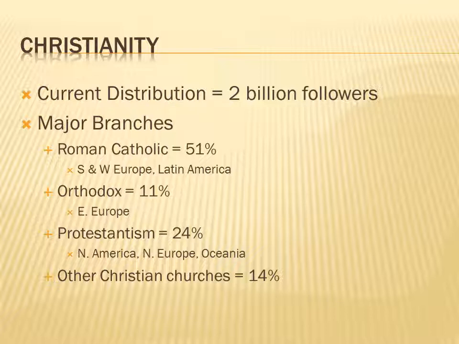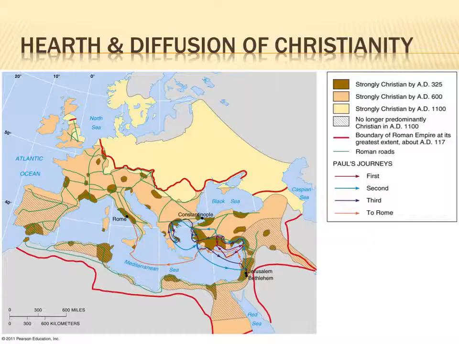So the sacraments aren't quite as important to Protestants. Doesn't mean that they're not important, just not as important. And then we have other Christian churches that will constitute about 14%. Several different examples might be mentioned from our textbook, Coptic Church, Armenian Christian Church, and things like that.